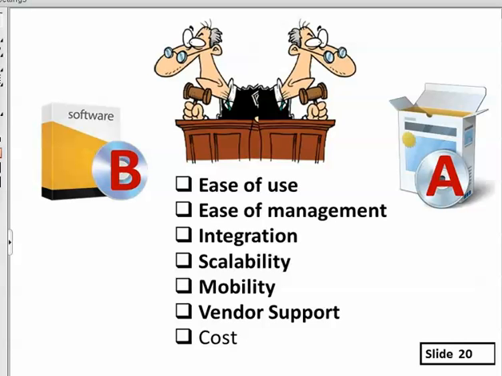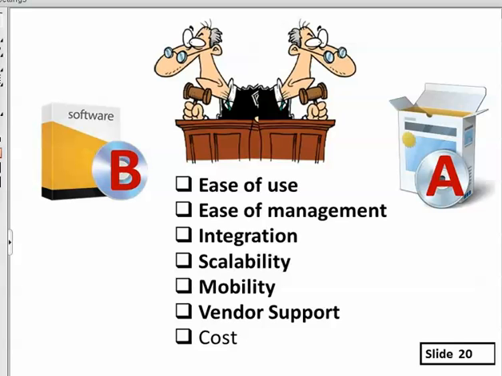So that's why it's important to evaluate the other things. If it costs you a little bit more, but the software does all the other things you're going to need done, then it's a buy. It's a bargain and a buy. But if it's the absolute cheapest thing, but it won't do half of the things you need done, it's not worth the paper that it would take to write the order on.